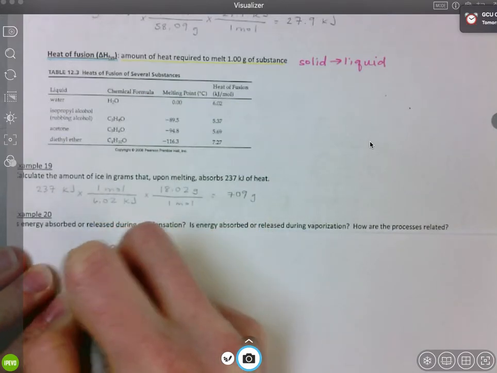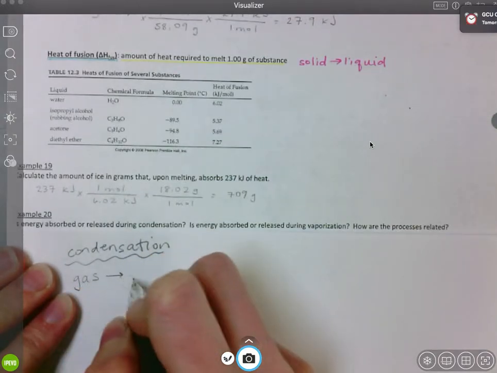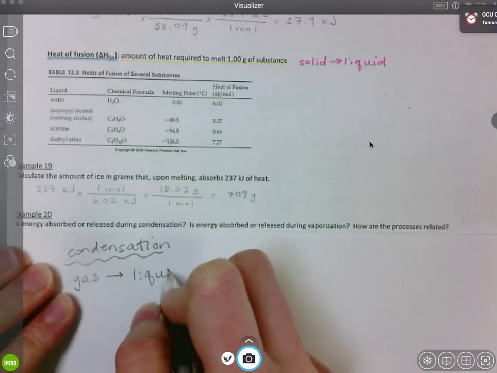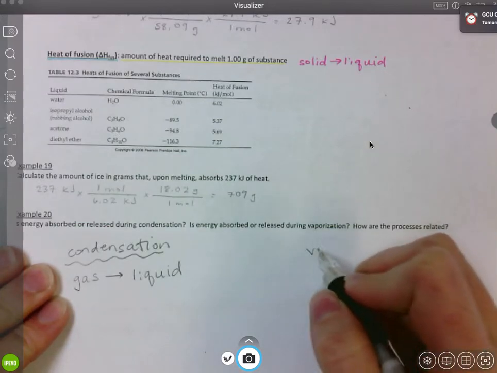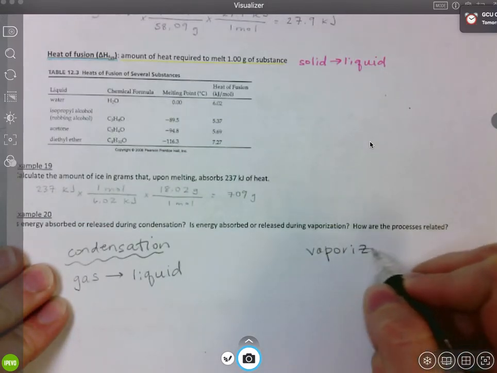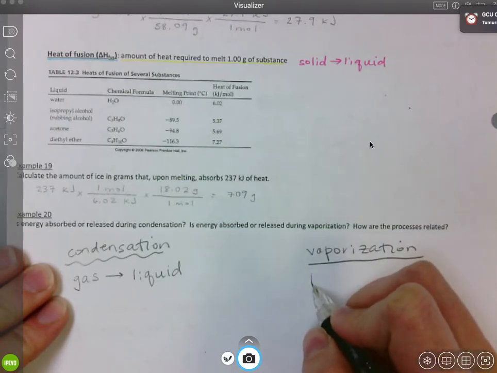In condensation, we are going from a gas to a liquid. Condensing, going from a gas to a liquid. In vaporization, we are going from a liquid to a gas.